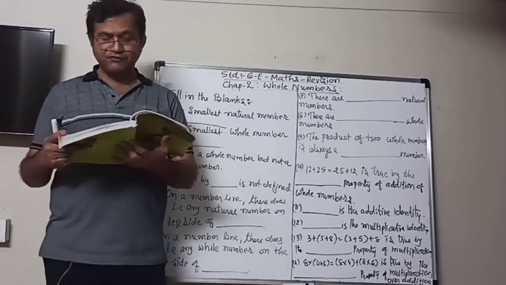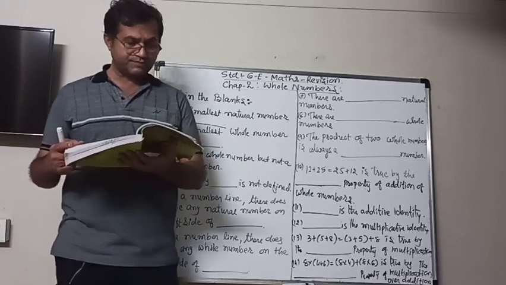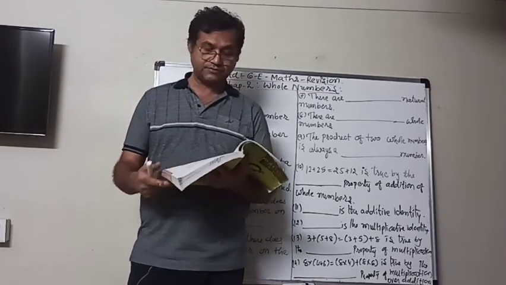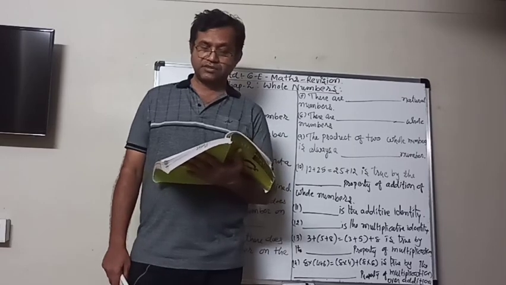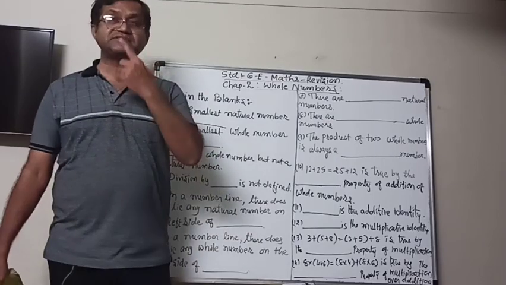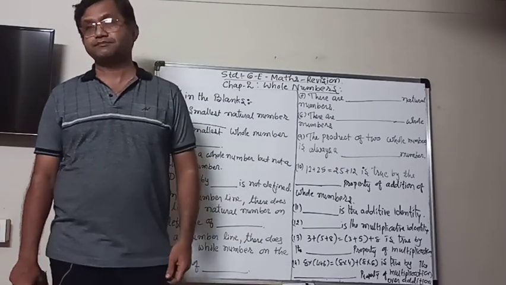And therefore, if we add the number 0 along with the natural numbers, then 0 can be written as the predecessor of 1.